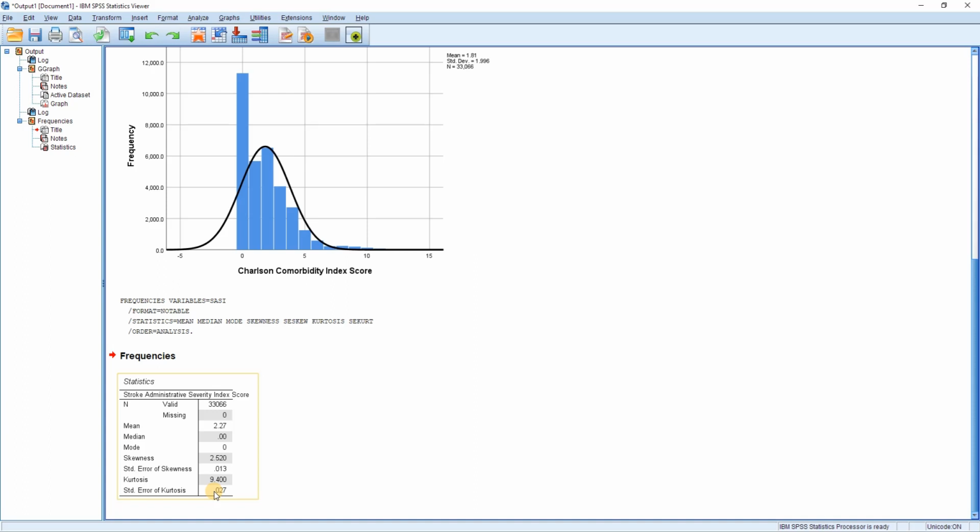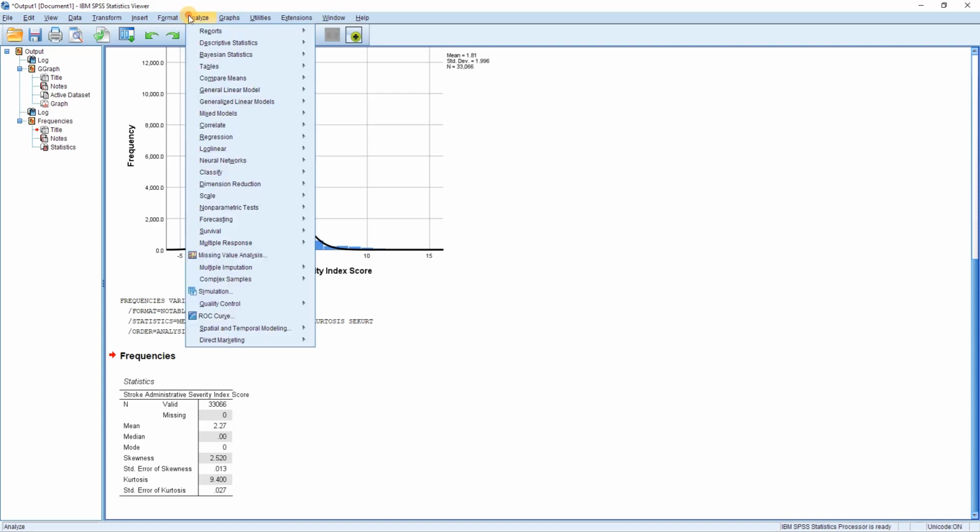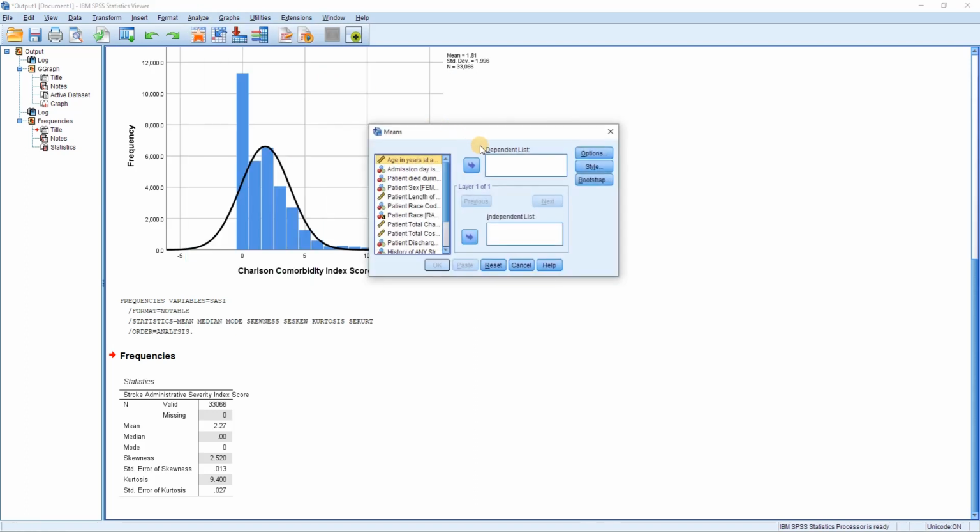Right. So question number 3. Question number 3 is a function that I don't believe that we have used yet in this class, and we are going to use a function now called compare means. The compare means is a very useful function in SPSS that will allow you to simply view the means of 2 or more values against an independent variable.